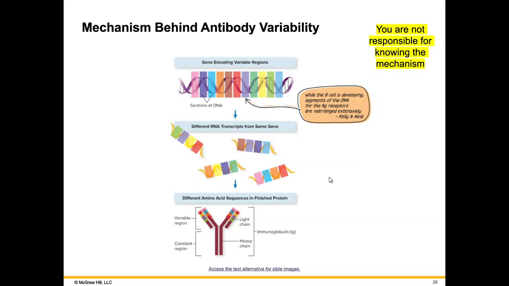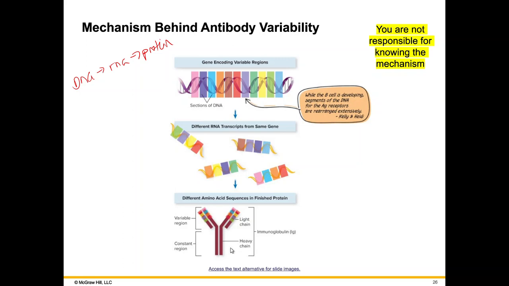So whenever we have this genetic shuffling while creating the antibodies from our genetic components, and as hopefully we'll recall, DNA is converted to RNA, which is converted into protein, and these immunoglobulins, these antibodies, are proteins.